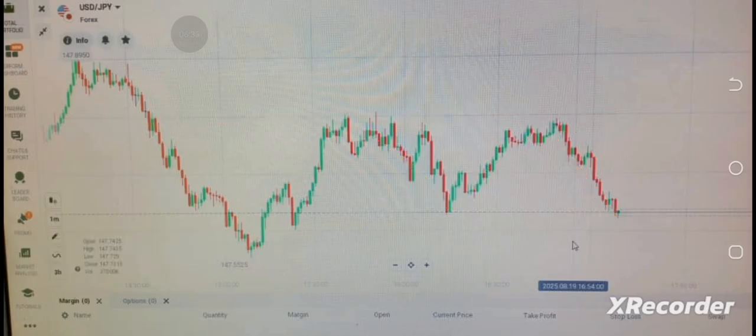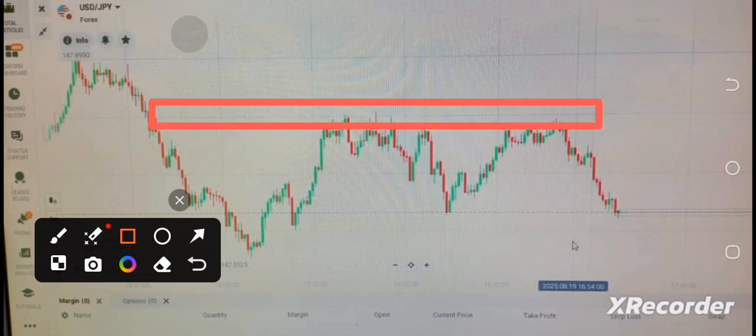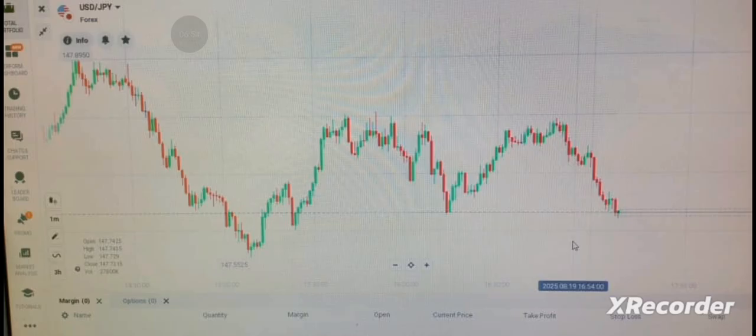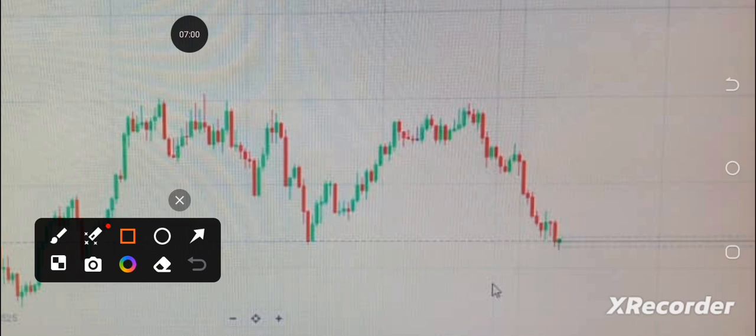But if you draw the supply zone, you will notice that you have covered the complete area. You can see. And then if you look at it carefully, this is the bullish movement, right?